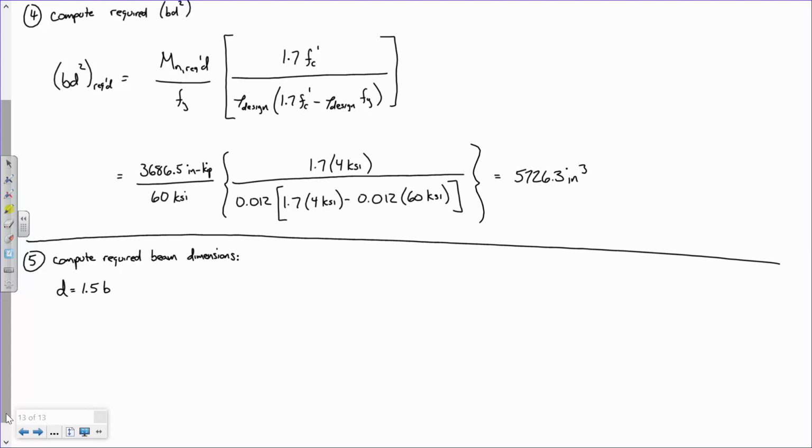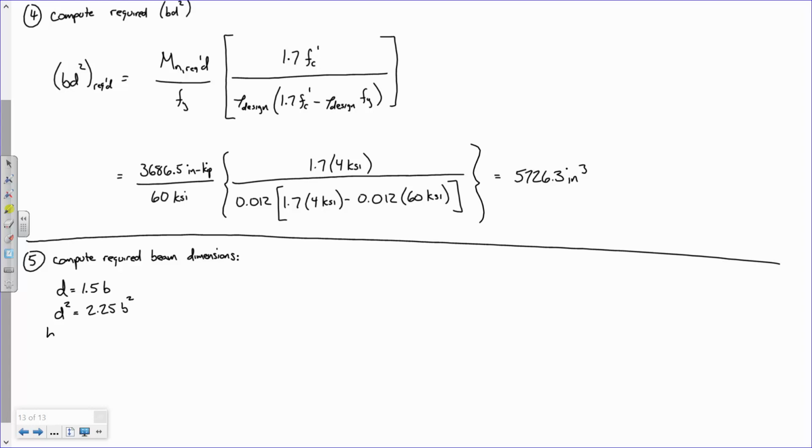So help me out. What is D squared going to be? What is that quantity squared? So 2.25 B squared.